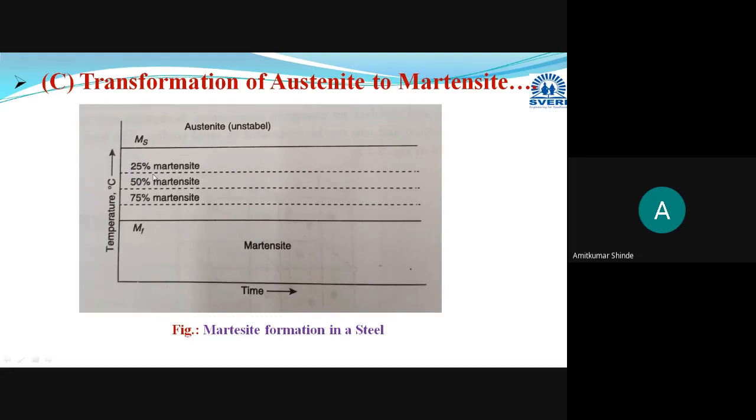Here 25% martensite will be there, and sometimes, to get the martensite crystal structure, you have to cool below room temperature also. It will vary depending on the carbon percentage only.